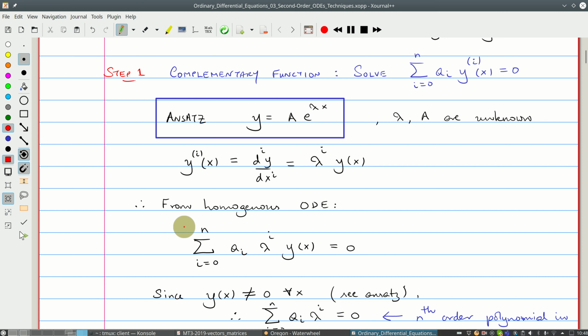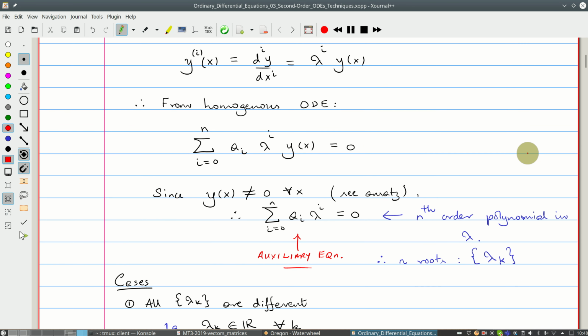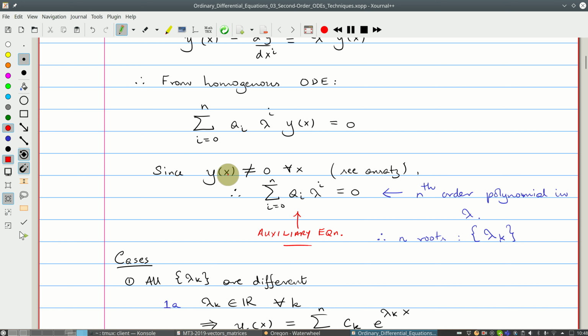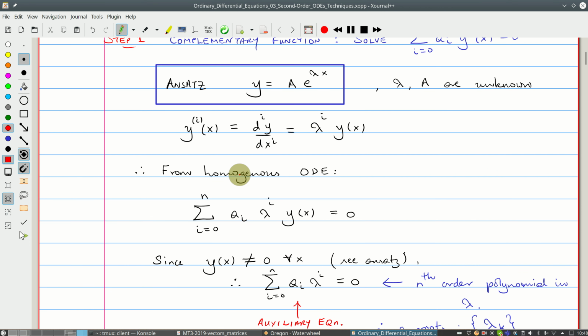Now, if you plug these into the homogeneous equation, what you get is the sum i from 0 to n of our constants a_i, times lambda to the i, times the function y of x, and that's equal to 0 for all x. Can these functions y of x ever be 0? They are A times an exponential.